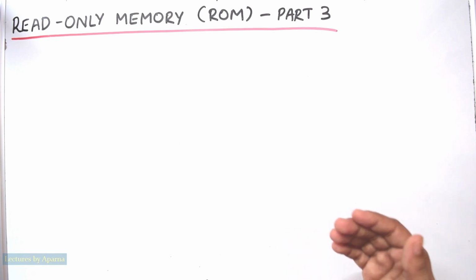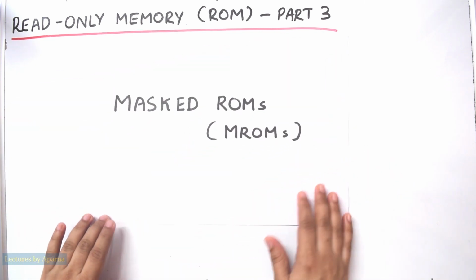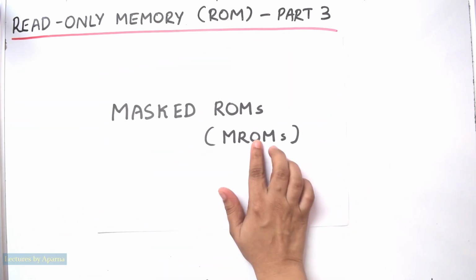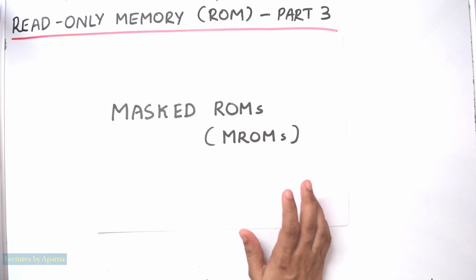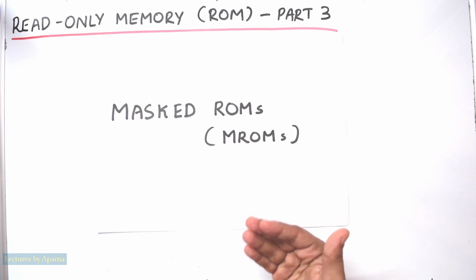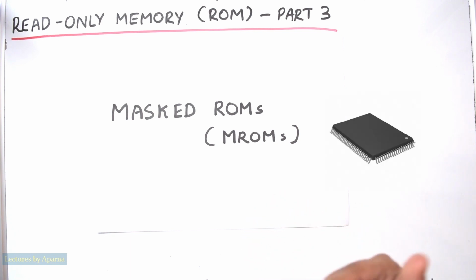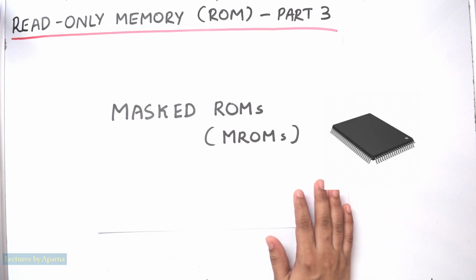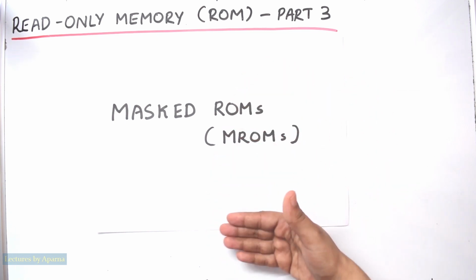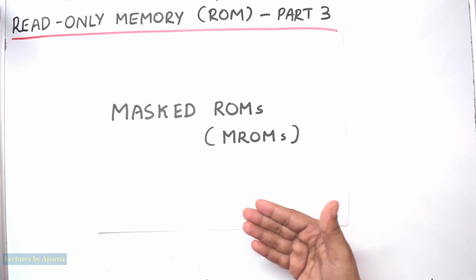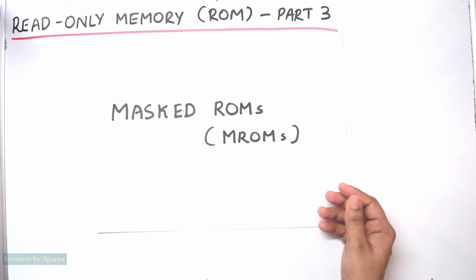The first type of ROM is masked ROM or MROM. These are the very basic type of ROMs available as memory chips or memory ICs or memory integrated circuits. If you want these memory chips for a particular purpose of yours, you send a list of data to be stored in the ROM IC to an IC manufacturer.